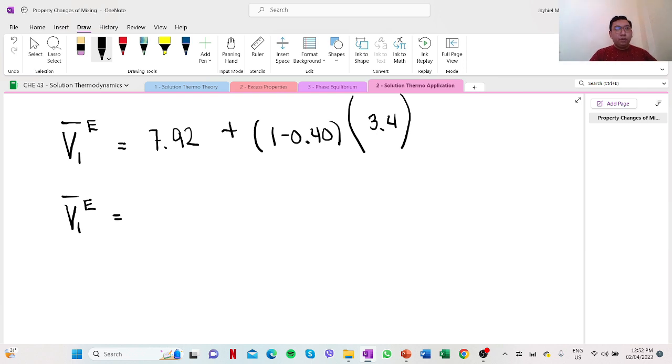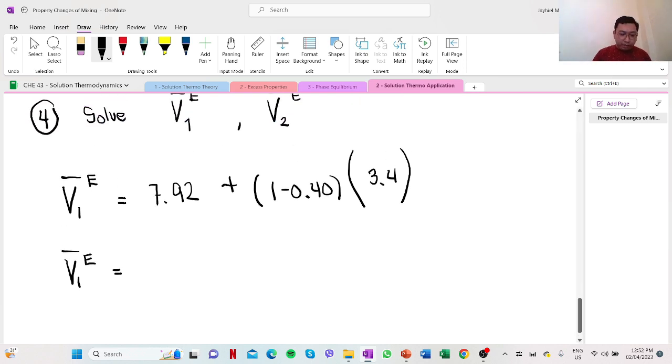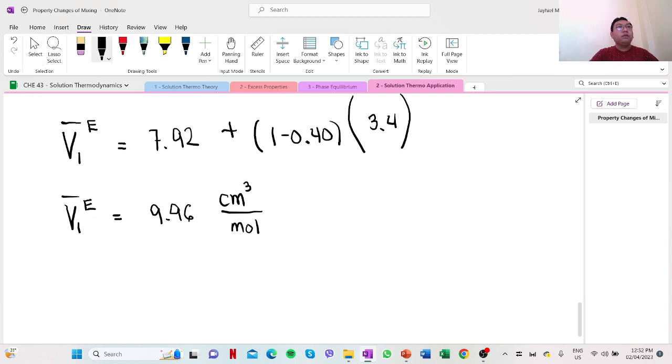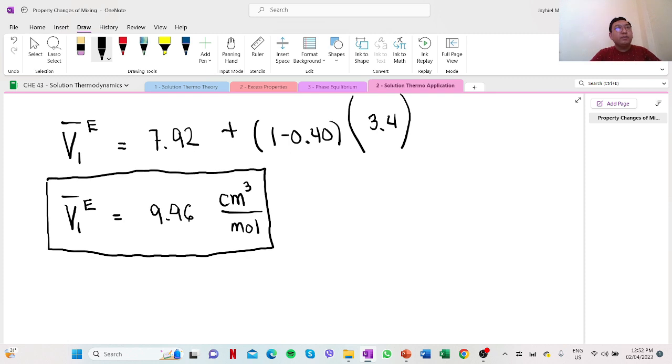All right, so my answer for this one, 1 minus 0.40 times 3.4. So I have 9.96 cm cubed per mole. But this is not yet the final answer, okay?